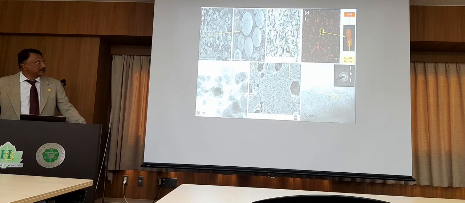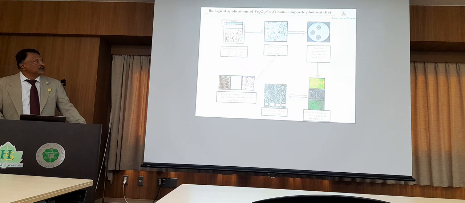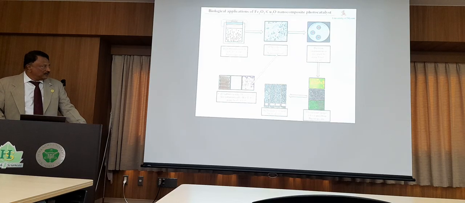These are some of the properties which we can observe. You can see how we can use this material for bacterial degradation and also cell viability testing, using different microorganisms.